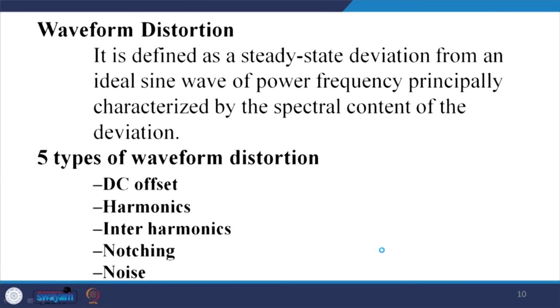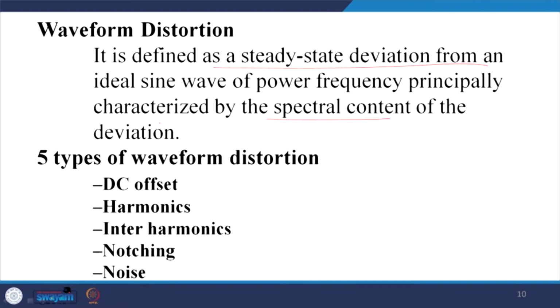So, let us define waveform distortion. It is defined as a steady state deviation from an ideal sine wave of power frequency, principally characterized by the spectral content of the deviation.